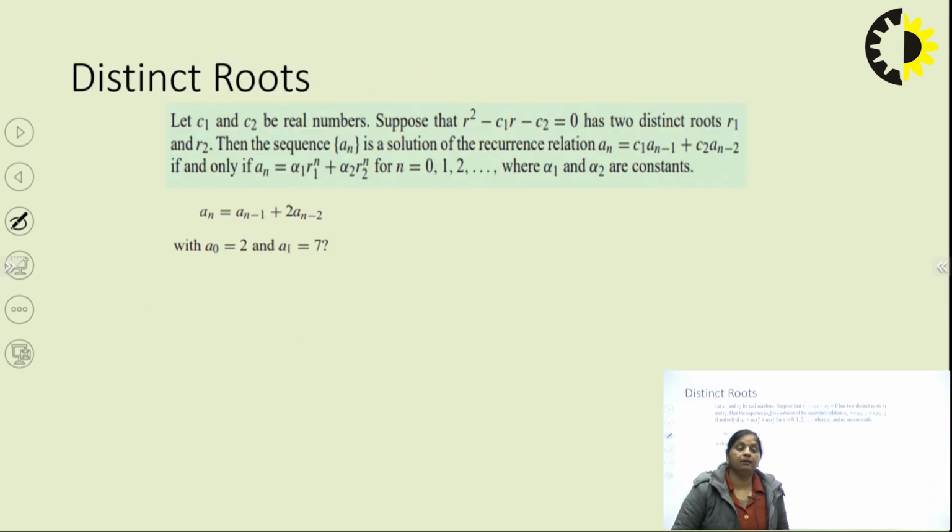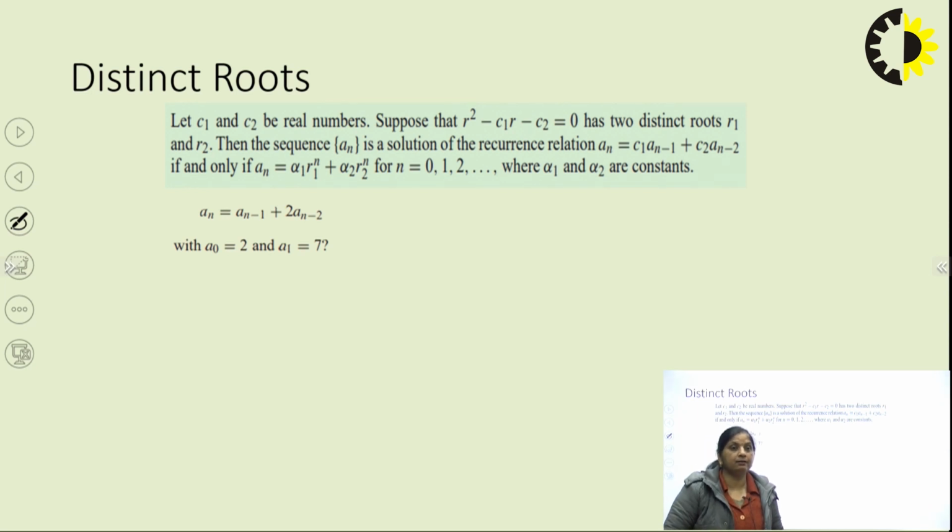Now, when I say there is a characteristic equation, there are different possibilities for the roots. For example, if I am getting an equation having two roots 1 and 2, these are distinct. Or it may be the case that the equation has two roots which are the same, 1 and 1.